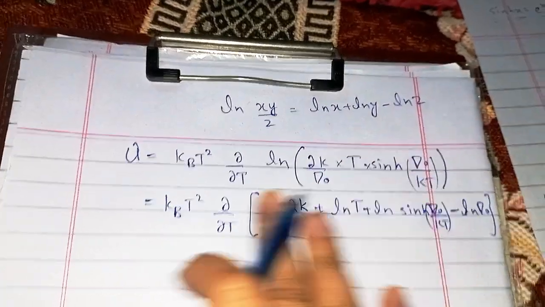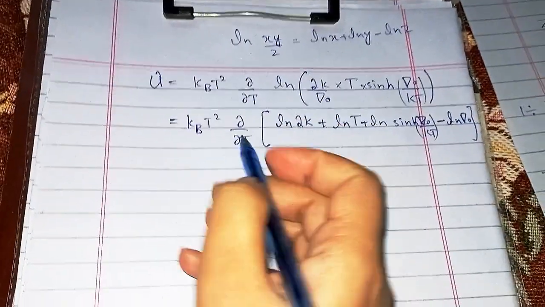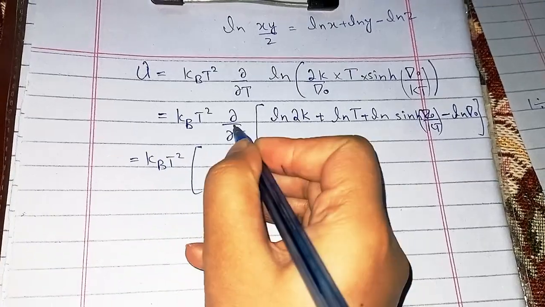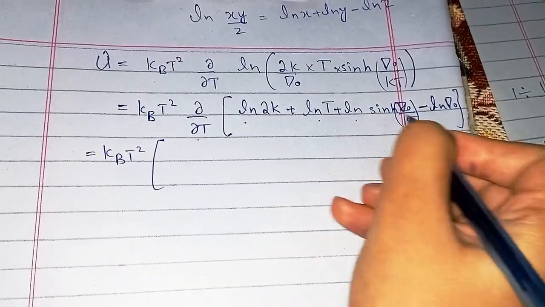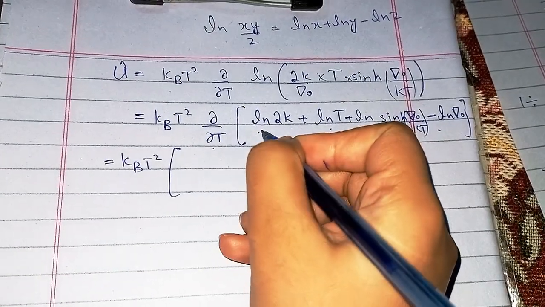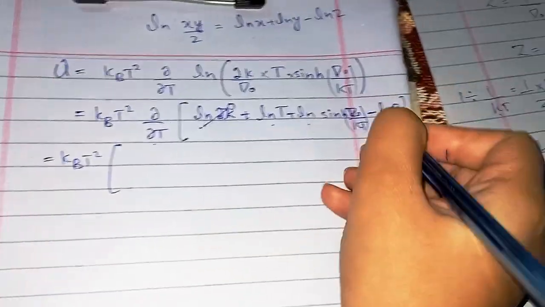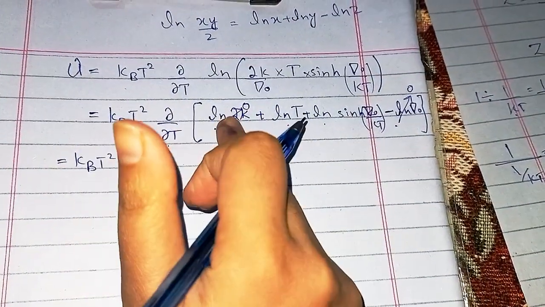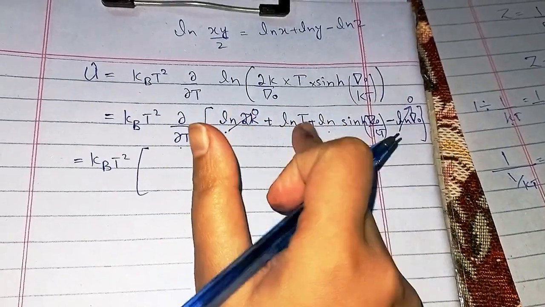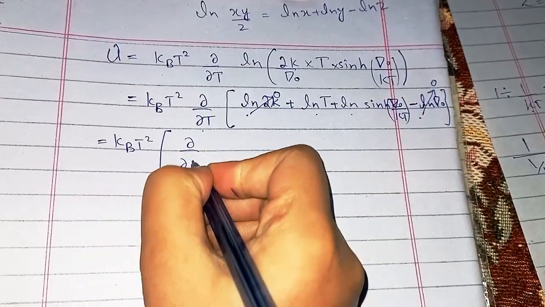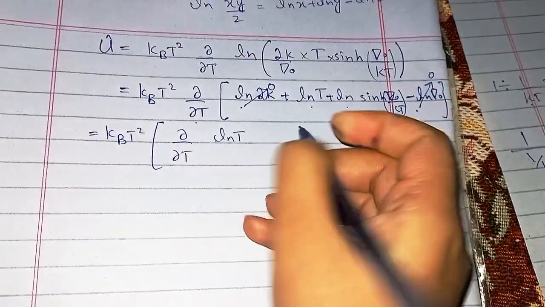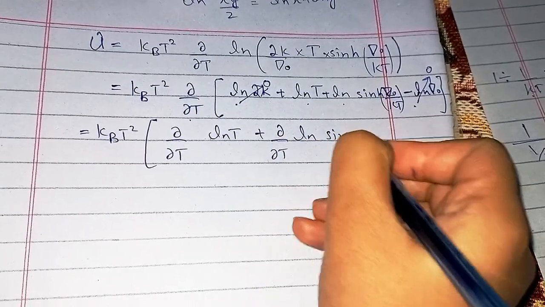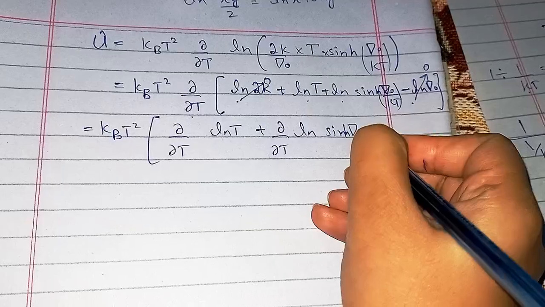That's the property we have used here, and it will help us simplify, because when we apply partial by partial T on each of them separately, those that don't contain temperature become 0, but these ones have T in them, so their partial by partial T will not be 0, and we can proceed by applying it on those that really matter.